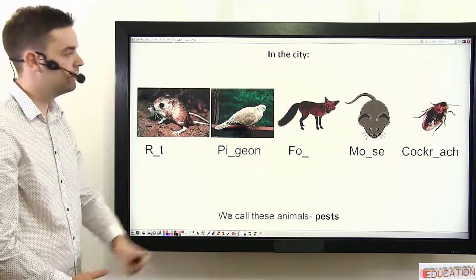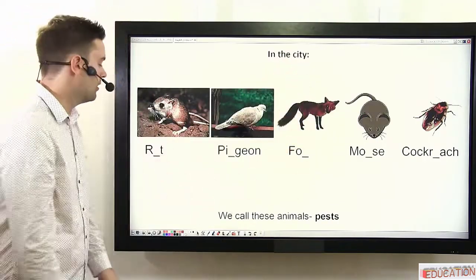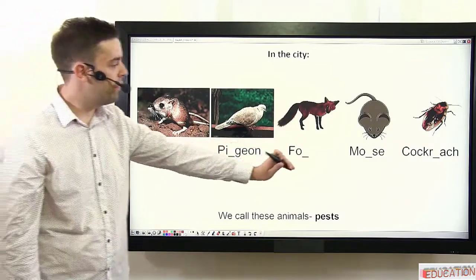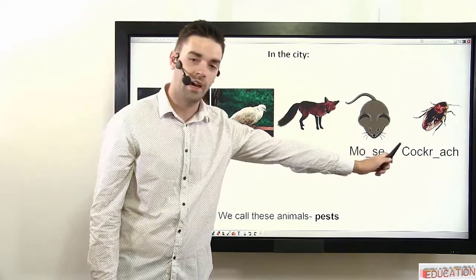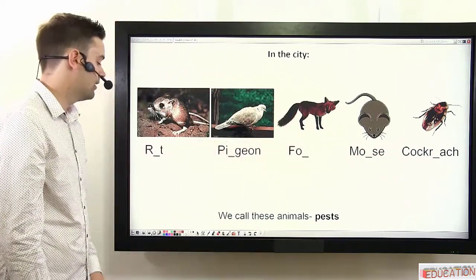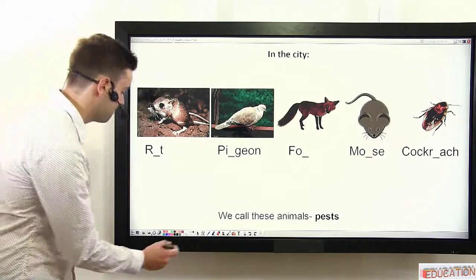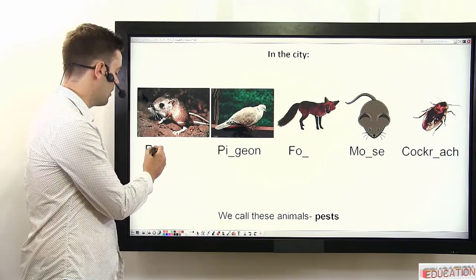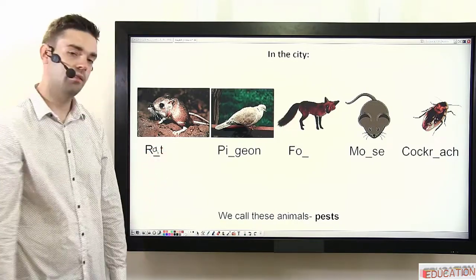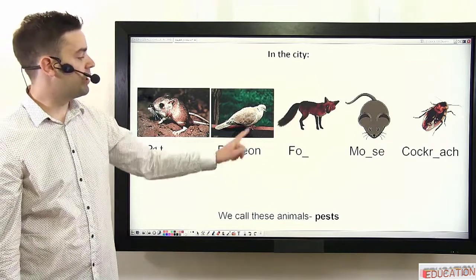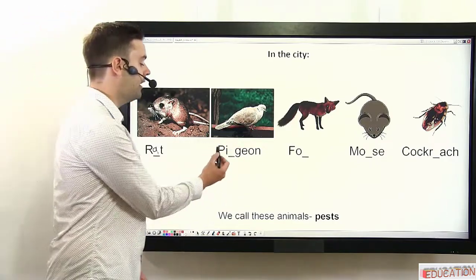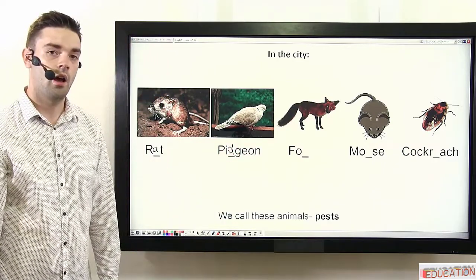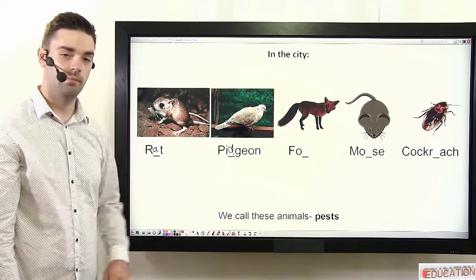In the city, we've got the rat, the pigeon, the fox, the mouse, and the cockroach. So let's spell them. R-A-T, rat. P-I-D-G-E-O-N, pigeon.